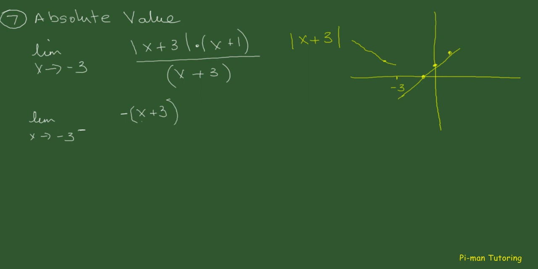X is a negative number, magnitude larger than negative 3, so it's going to create a negative inside this bracket. But we're looking for the absolute value, so we're looking for a positive outcome, and therefore we have to put a negative sign outside for values of x which are more negative than negative 3. The x plus 1 stays the same, and the x plus 3 stays the same.